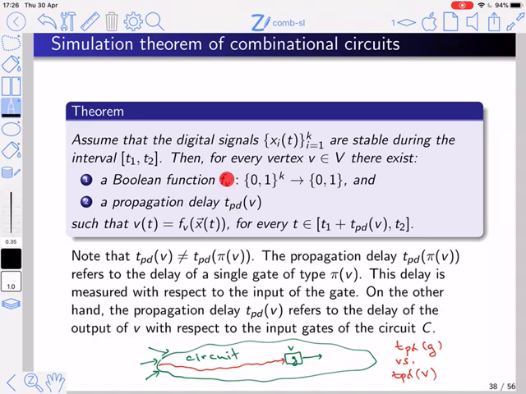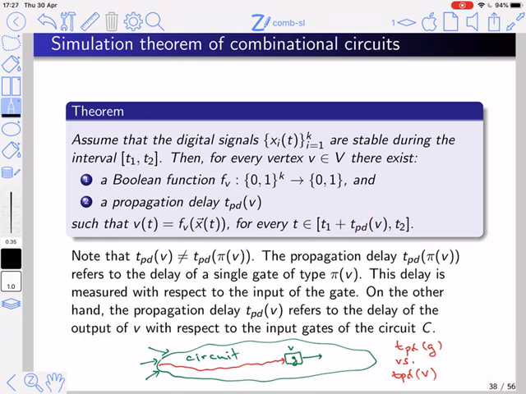The Boolean function f of v tells us, if I know the k bits of the input, what is the output of this vertex. And the tpd of the vertex v tells me when this output becomes valid. It will become valid after a delay of tpd of v.